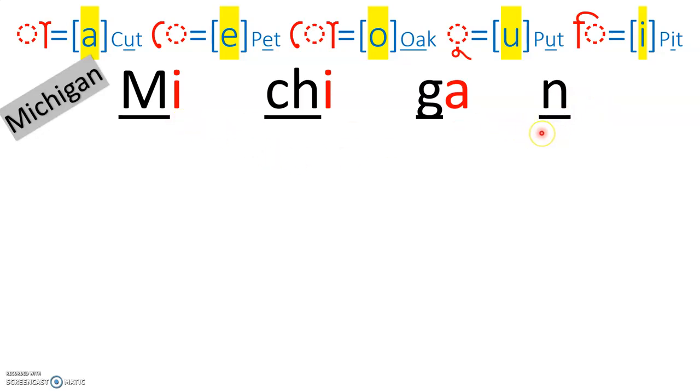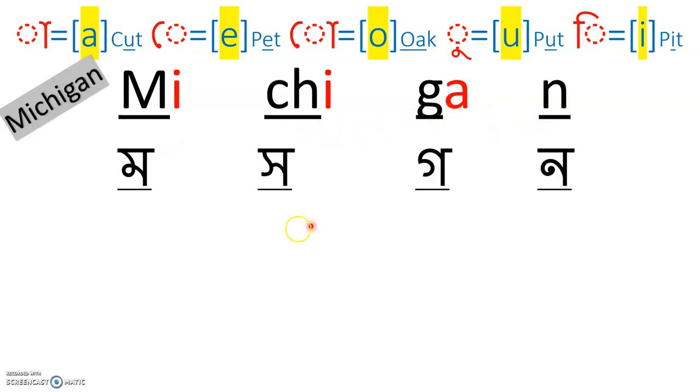So I'm gonna take the letter that sounds like M. I'm gonna take the letter that sounds like Chi. I'm gonna take a letter that sounds like G, and one that sounds like N. So usually they all sound O at the end. So instead of M, it's gonna sound like Ma, Chaw, Go, and No. Let's see.